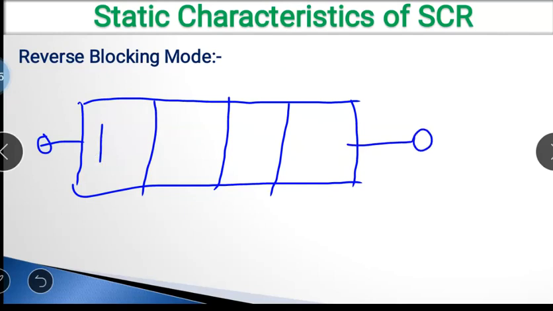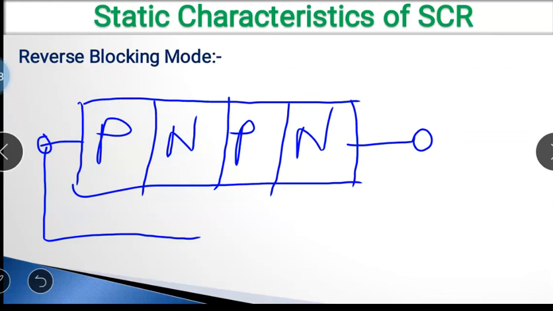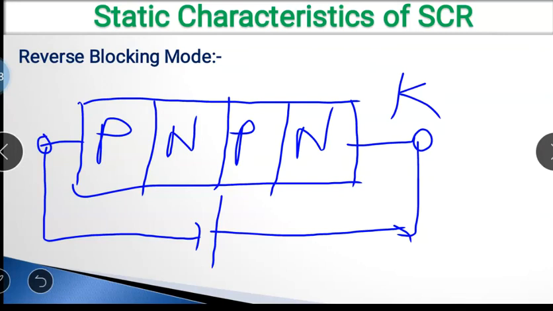This is the P, N, P, N structure, and these are the three terminals: one is cathode, anode, and this is the gate.